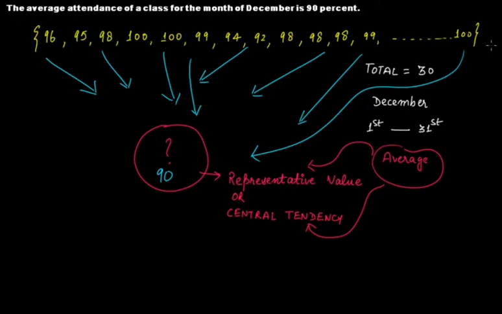So if we calculate the average and it points towards this one value, that is 90 in this case, then it will give you a rough idea that for the month of December, for this particular class of strength 30, the attendance of this class would have been around 90%.